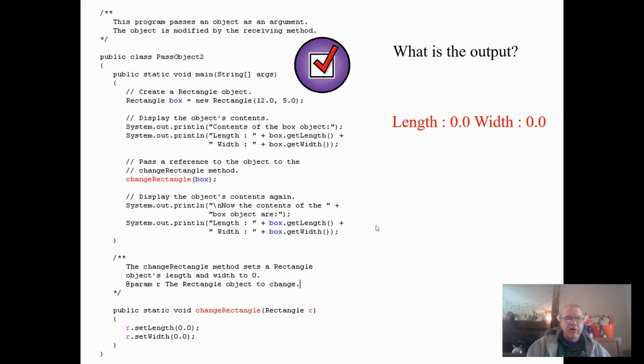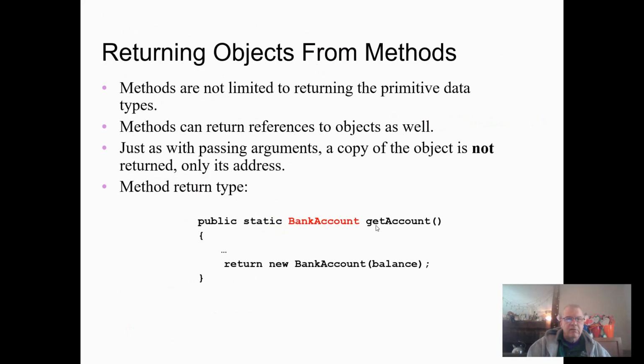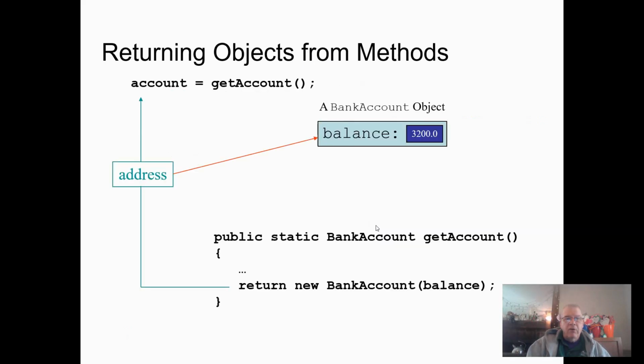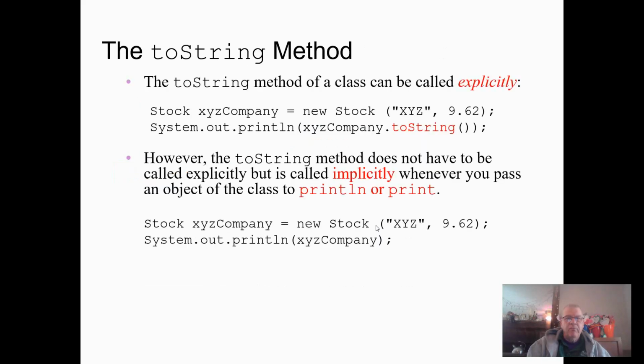Instead of 12, 5, they're now 0, 0. Similarly, objects can be returned from methods. Here's an example of BankAccount. We want to create a new bank account inside this method getAccount and return it. We return the address of the bank account so it still knows what the balance is.